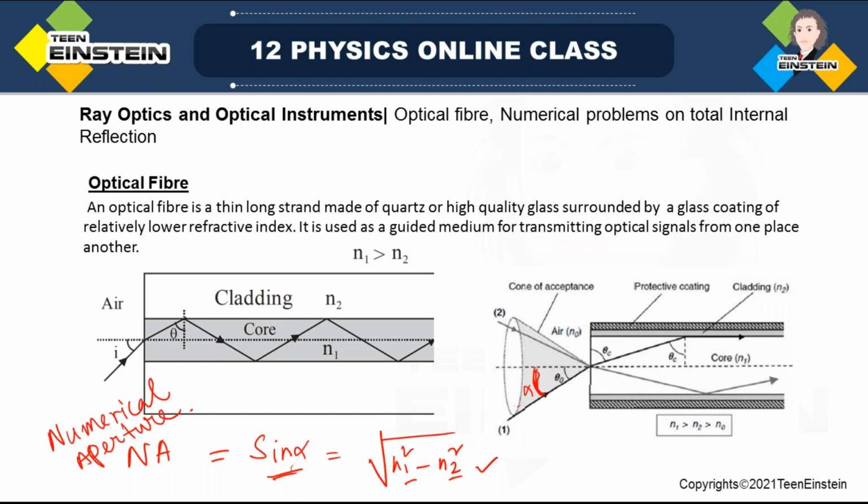The important formula you have to remember is the numerical aperture. Generally there will be questions from numerical aperture and many other things. I'll give you some questions in the quiz sheets on optical fiber, total internal reflection, etc. Up to whatever we have learned, we'll give a quiz question immediately on this portion.